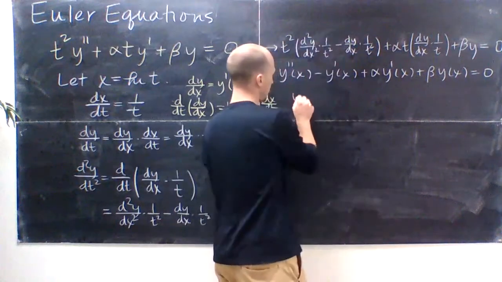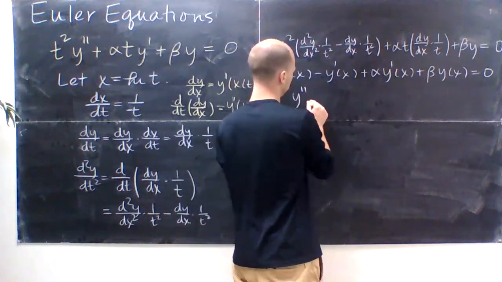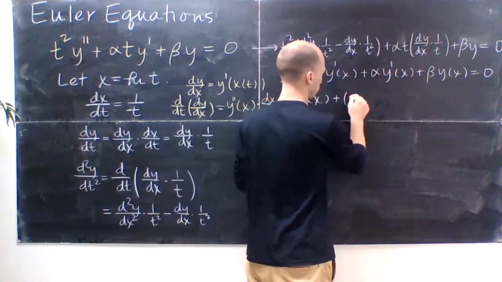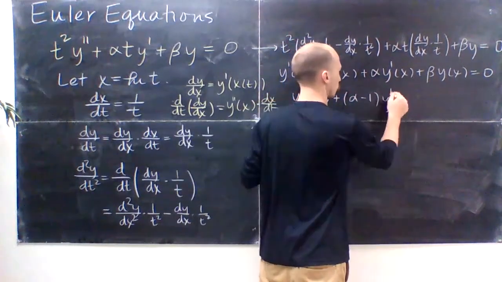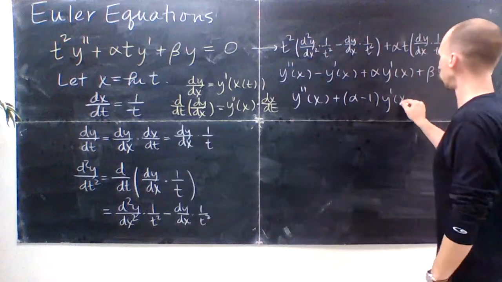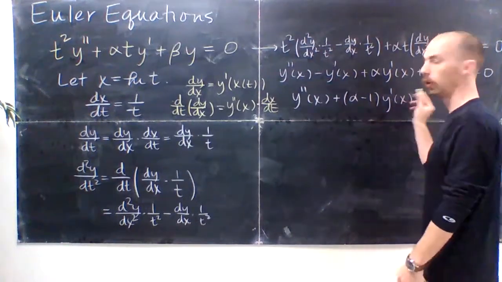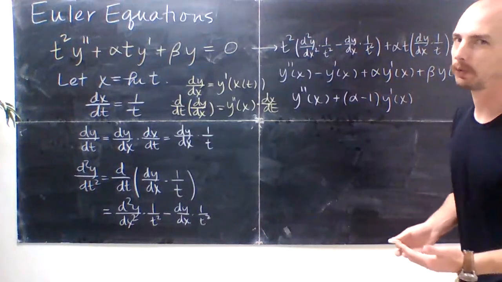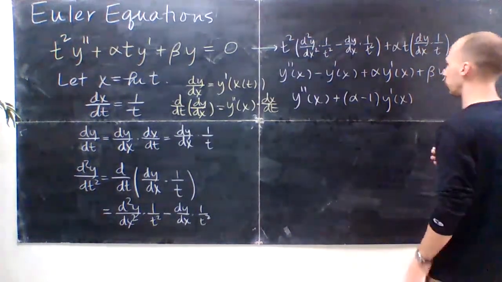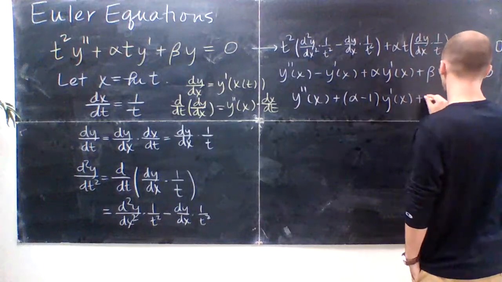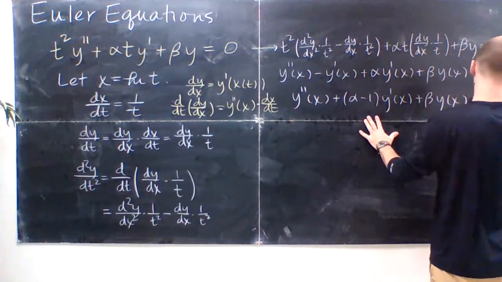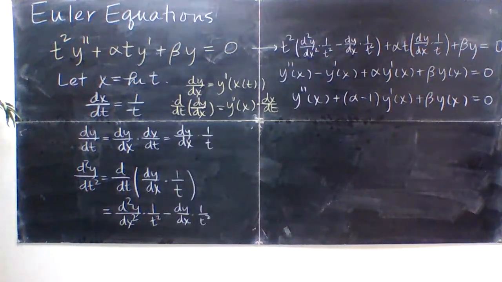So what this has become is a second order linear ODE in y of x that has constant coefficients, and we know how to deal with that, all the different ways that can play out. Plus beta y of x is equal to 0 now.